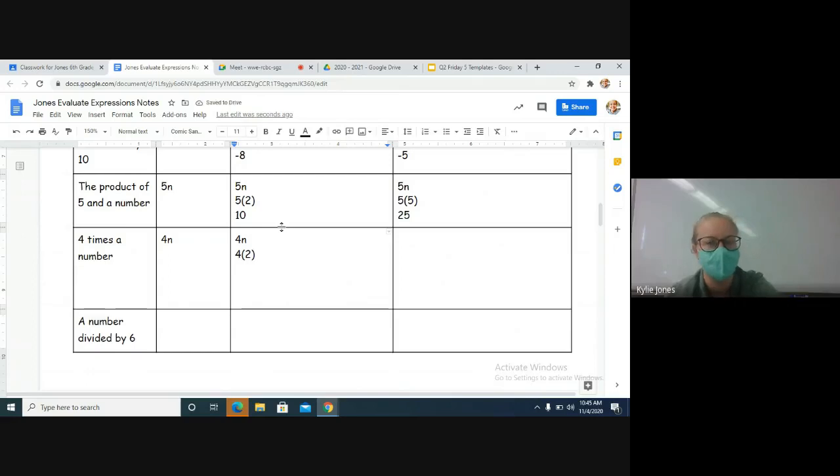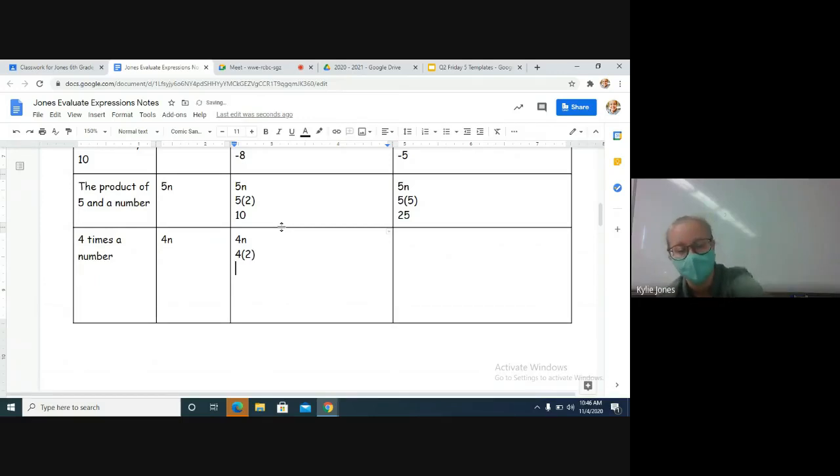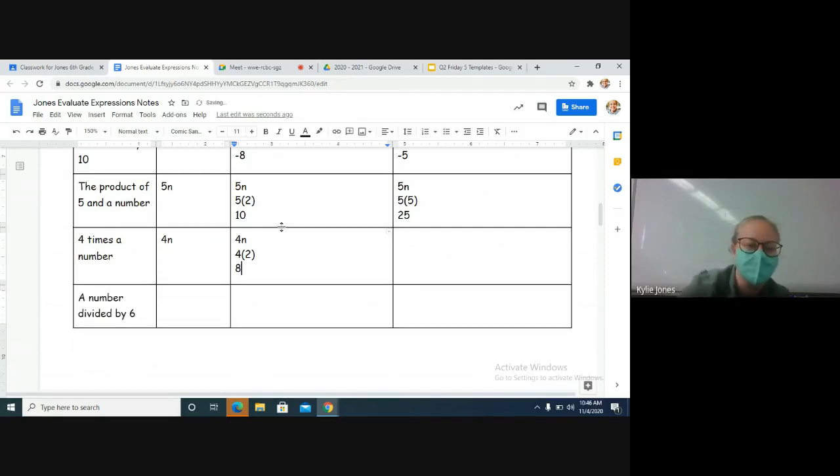Good. 4, because we're multiplying 4. Parentheses means invisible multiplication. So we're doing 4 times 2. This doesn't come out as 42. What is 4 times 2? 8. Is this, the more we do it, making more and more sense? A little bit? Good. Okay, I'm going to get rid of some of these extra lines. That's not that many. Okay, our next one. We still have 4n as our expression.